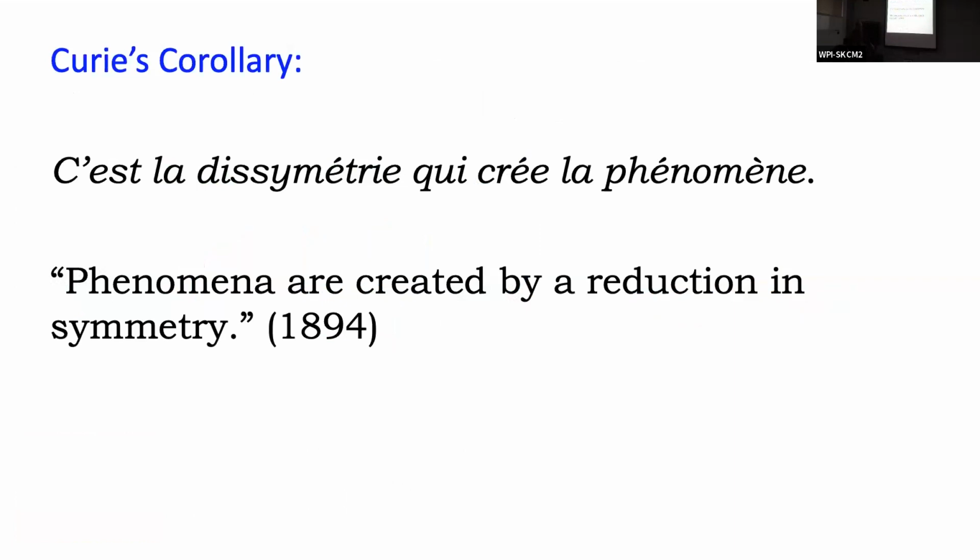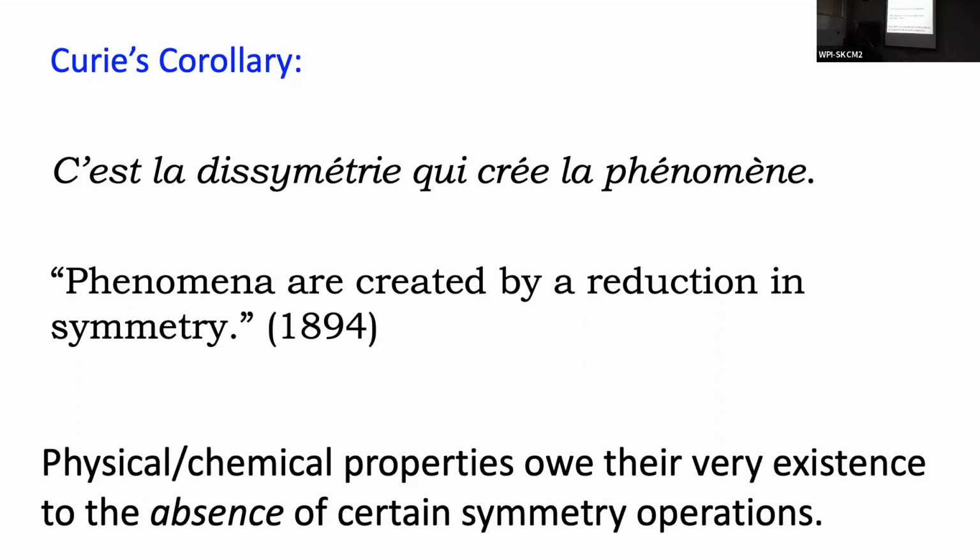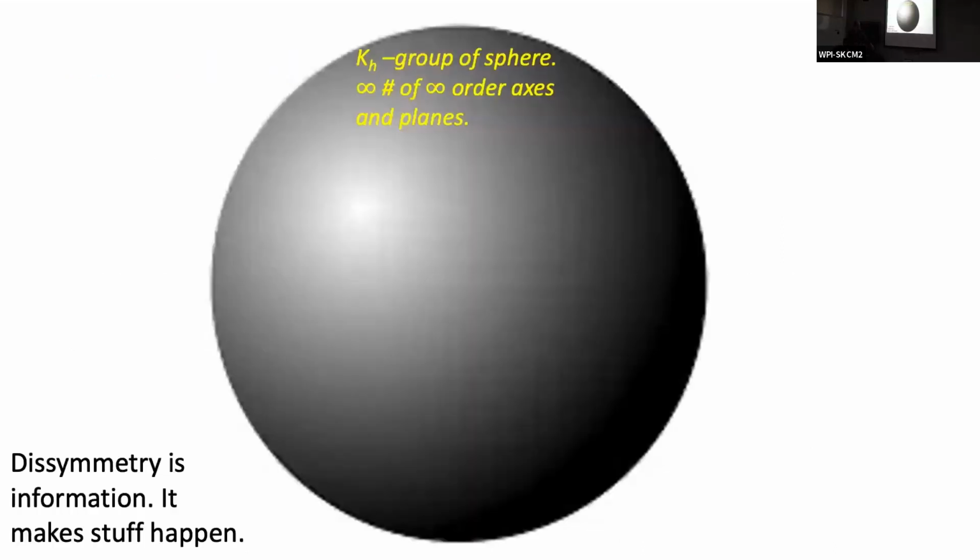But Curie is most famous for the corollary to the symmetry principle, which translated is that phenomena are created by a reduction in symmetry. What's the most symmetrical thing you can think about? A sphere. Yeah, that's a dangerous question to ask topologists. So Curie meant that physical and chemical properties owe their very existence to the absence of certain symmetries.